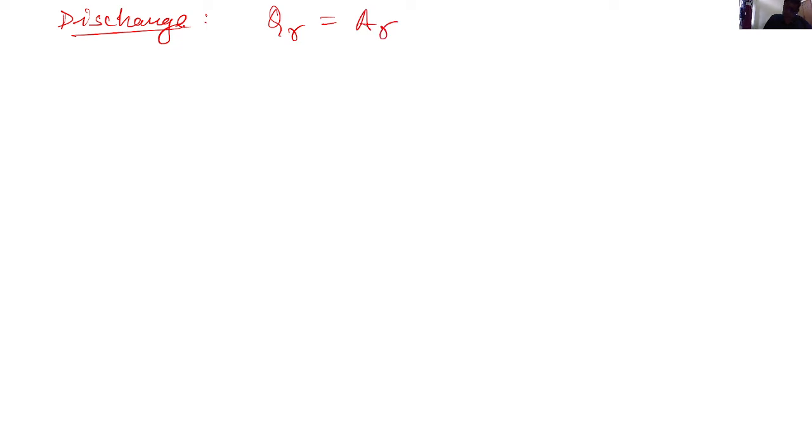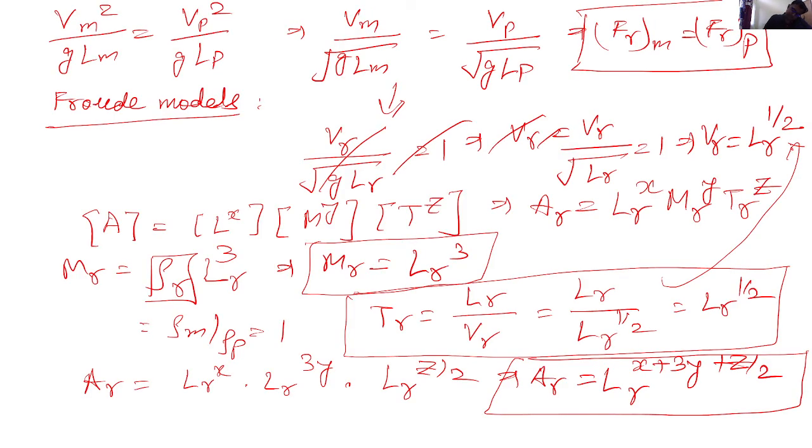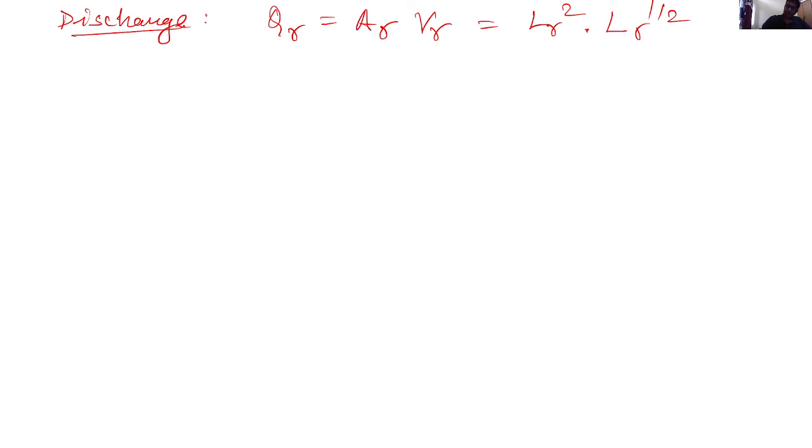Discharge is nothing but the product of the cross sectional area and the flow velocity. A is LR to the power 2, and VR from Froude similarity is LR to the power 1 by 2. So this gives us QR to be equal to LR to the power 5 by 2.